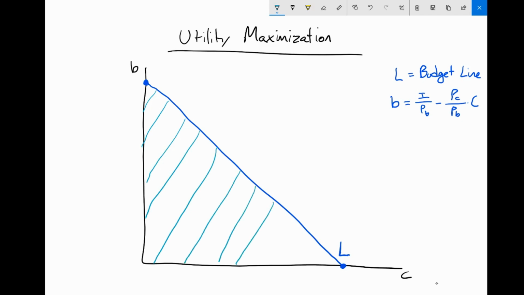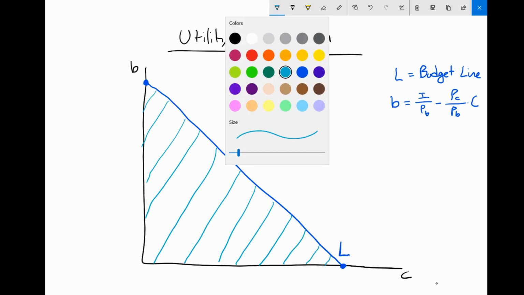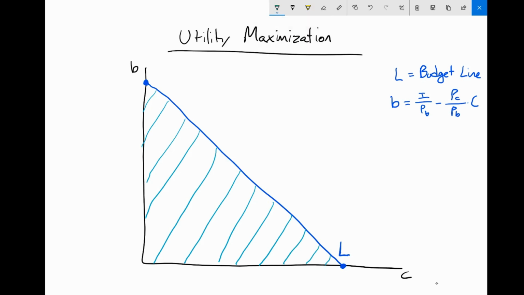Everything on the line and everything below it they can afford. They cannot afford anything that lies above it. Okay, now let's go back and remember our indifference curves. Basically the budget line, everything I have here in blue, captures the constraint. So maybe I'll even write that. Everything in blue, the constraint. So this captures the constraint on the decision making.